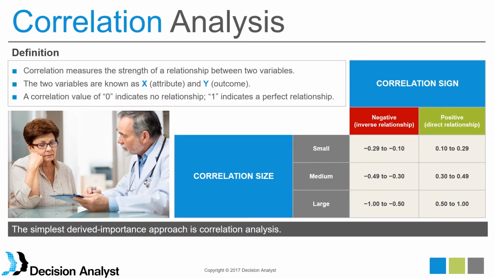Now, these correlation values do give us an indication of both the magnitude, or the size of the relationship to the outcome, as well as the direction, or the sign of the relationship. So negative relationships with an outcome variable will calculate to be negative values that range from -1 all the way up to just shy of 0.